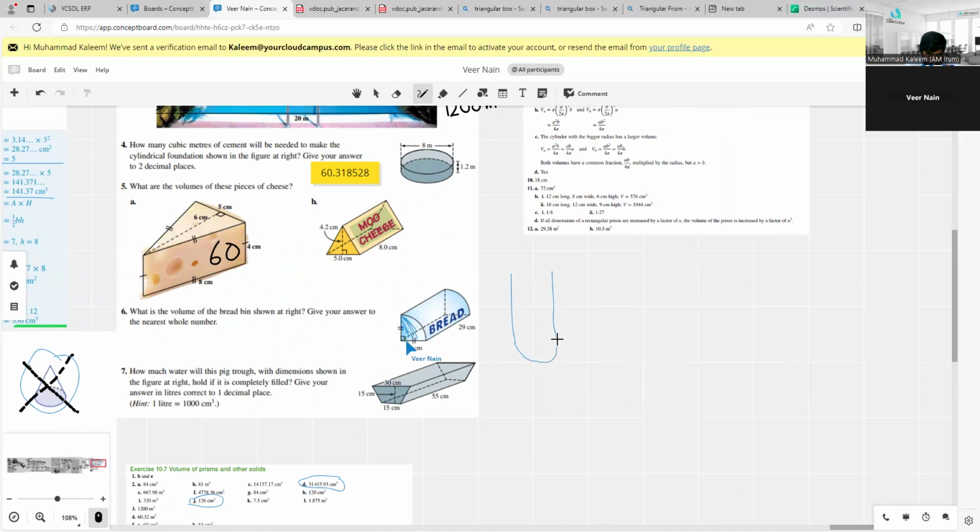This is 18, which means this is the radius, and the radius is 18. 18 times 18 is 324, 3.14159 times 324.